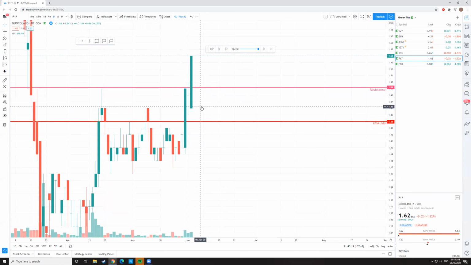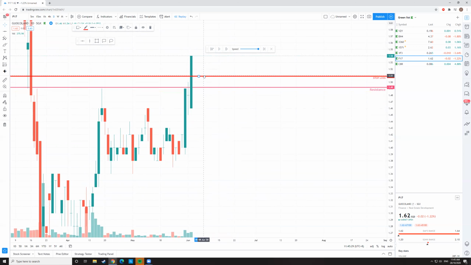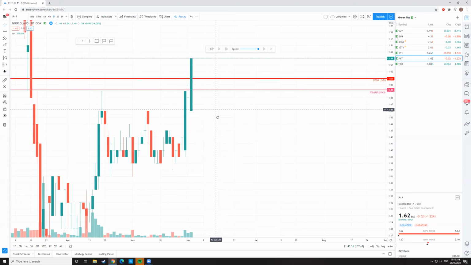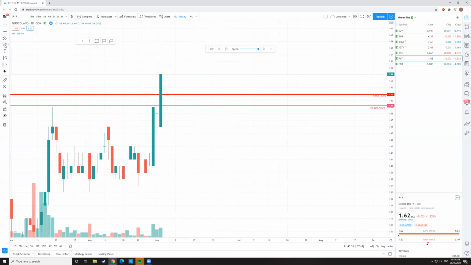And secondly, the stop loss is wide enough that you are not going to get stopped out by any noise movement. This is very important. If you place your stop loss too close, for example somewhere around here, this is an extremely bad stop loss, mainly due to the fact that, one, price is still above the resistance. It can retrace a bit and continue to break out, and you will definitely be stopped out here.